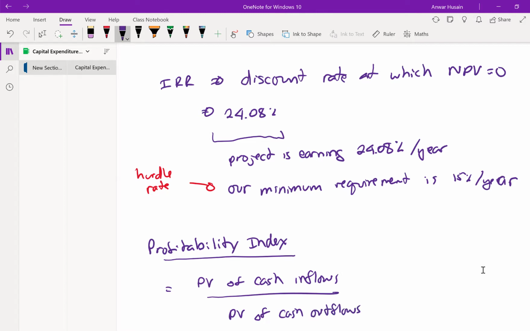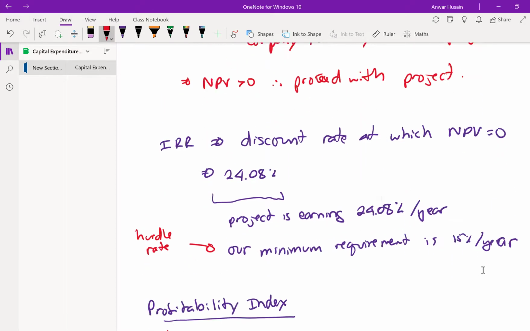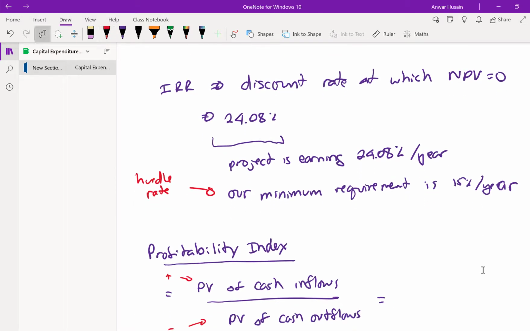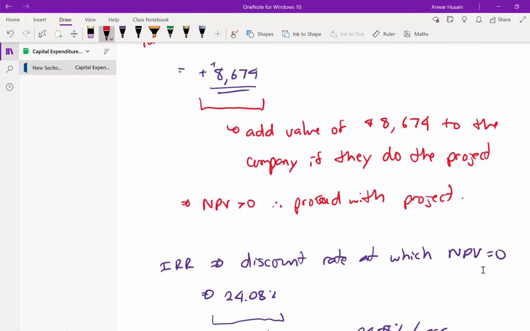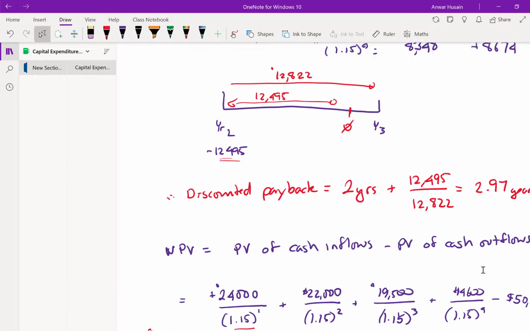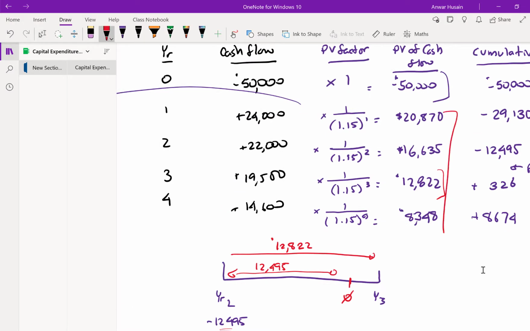We've already calculated all this, because NPV is the present value of the cash inflows, which are positive, minus the present value of the cash outflows. So we already have that information. We already know the outflows are 50,000. So what are the inflows?